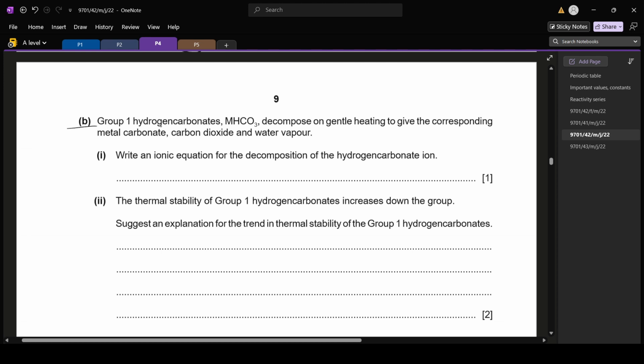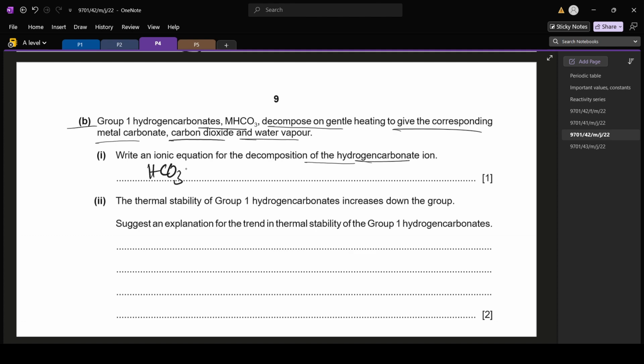Part B. Group 1 hydrogen carbonates decompose on gentle heating to give the corresponding metal carbonate, carbon dioxide, and water vapor. Write an ionic equation for the decomposition of hydrogen carbonate ion. So hydrogen carbonate ion has the formula HCO3 minus. When it decomposes, it forms a metal carbonate, meaning carbonate ion 2 minus, plus carbon dioxide plus water. So balance the equation like this.